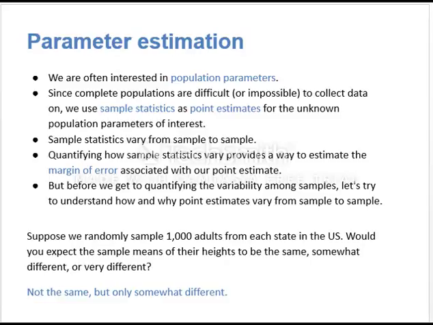Suppose we randomly sample 1,000 adults from each state in the United States. What would you expect the sample means of their heights to be? The same, somewhat different, or very different? So let's say you take a sample of 1,000 adults, your best friend also takes that sample. Would you expect your sample means to be the same, somewhat different, or very different?